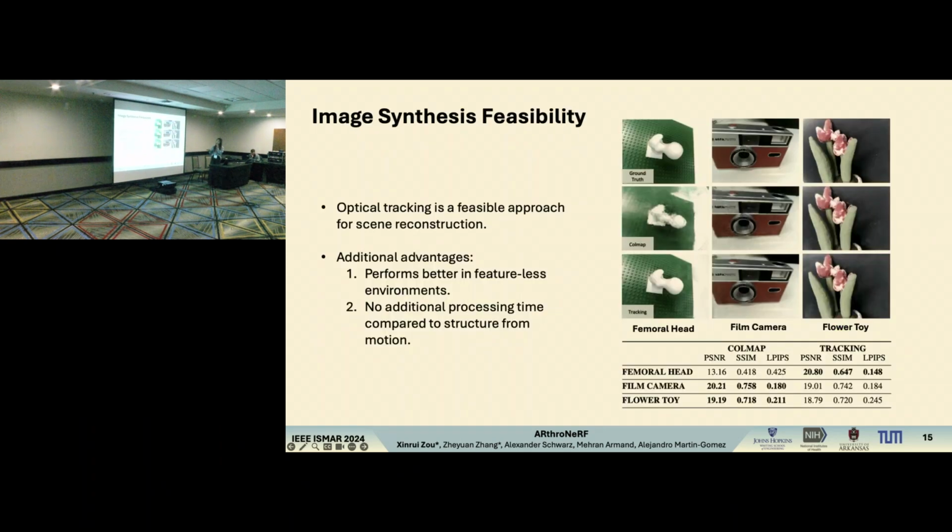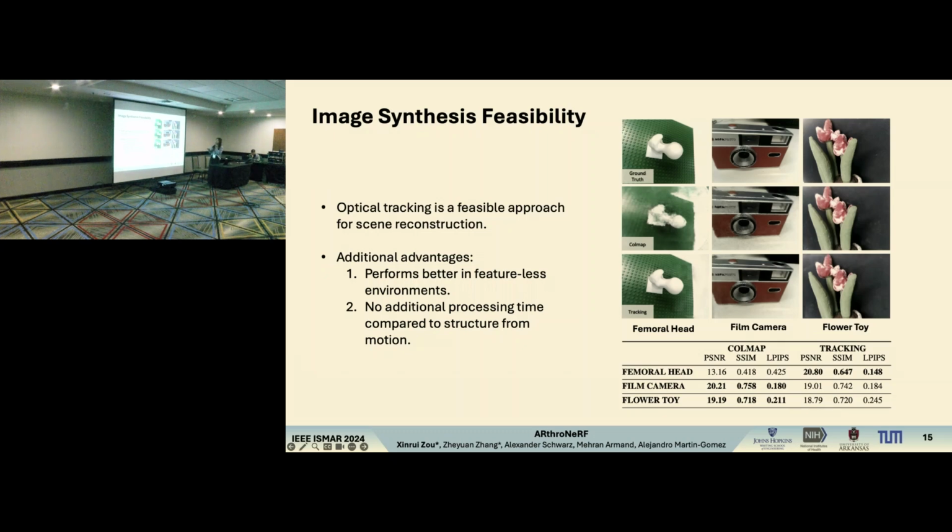Because we replace COLMAP with the optical tracking system, what we first evaluate is the image synthesis feasibility, and we conclude that optical tracking is a feasible approach for scene reconstruction. And it also provides additional advantages.